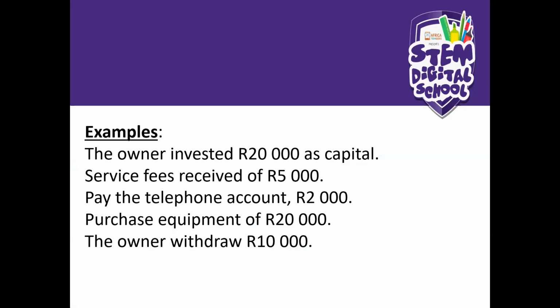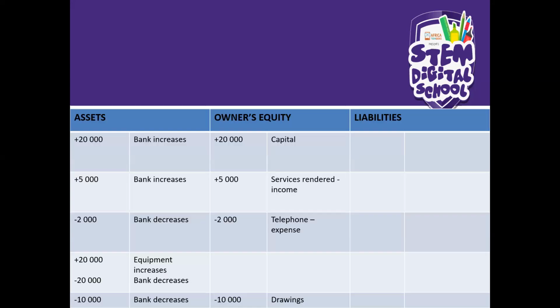The next transaction: service fees received are 5,000 rand. It's about service fees, and you need to know service fees is an income, and the amount is 5,000 rand. So there's the entry. If you receive money, then the bank account is increasing. Bank is an asset, so with assets, plus 5,000 rand because bank is increasing.